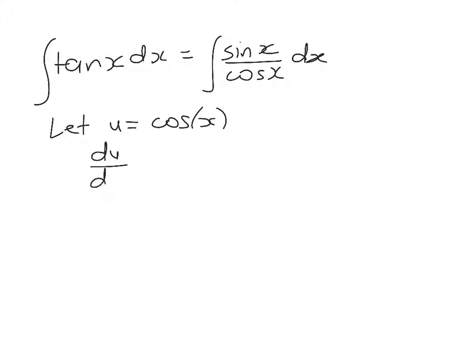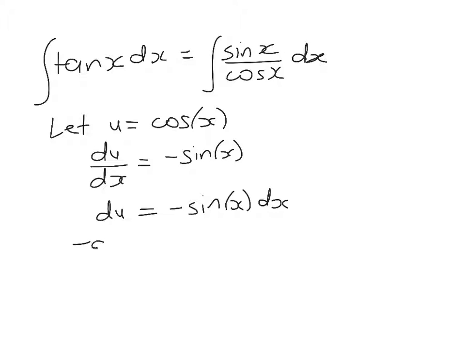Differentiating, I get du by dx is equal to negative sine x, which gives me, splitting up the du by dx, du is equal to negative sine x dx. Negative du is equal to sine x dx.